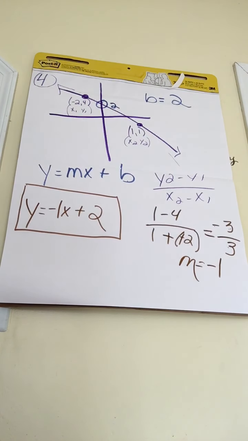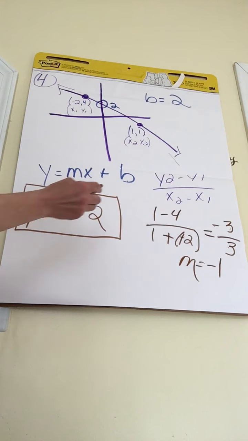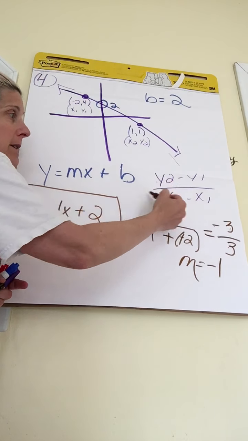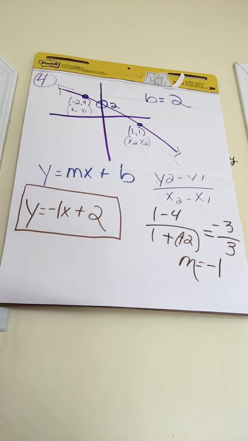So my function rule is y equals -1x plus 2. You can do this every single time. This slope equation is a surefire way of getting things correct.